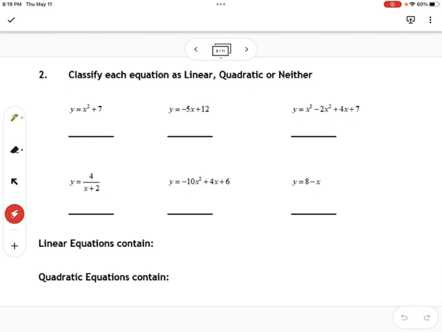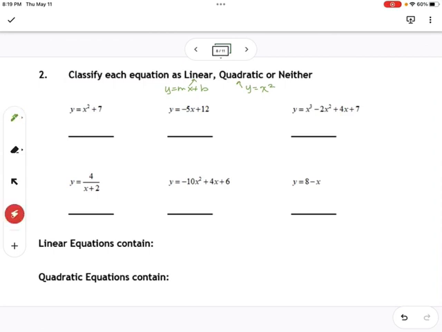Okay, classify each equation as linear, quadratic, or neither. So we know linear is in the form y equals mx plus b. Quadratic, or we're talking about parabolas, this is when we have a y equals x squared.